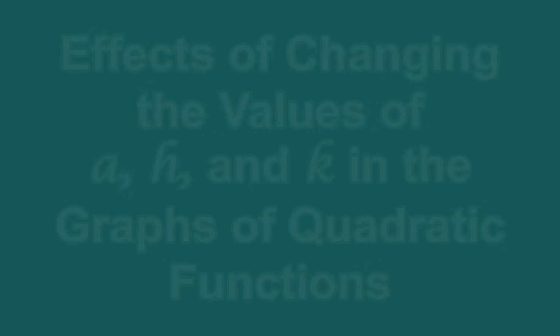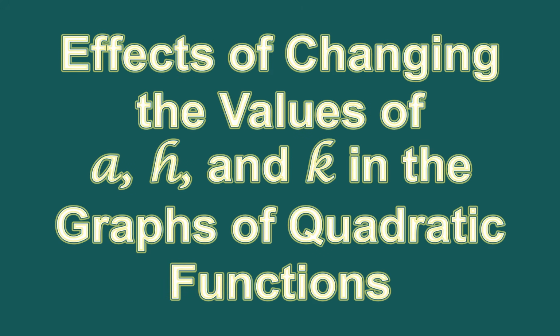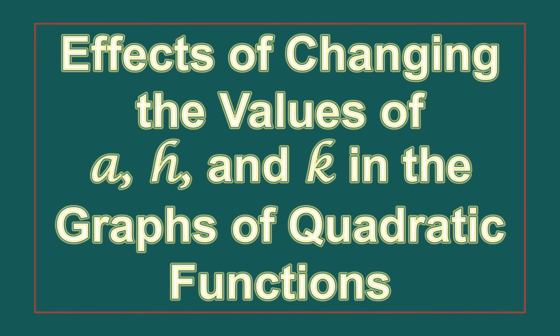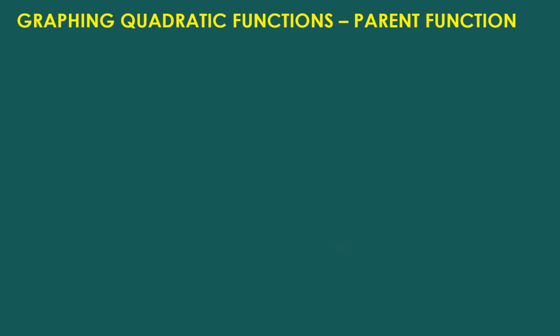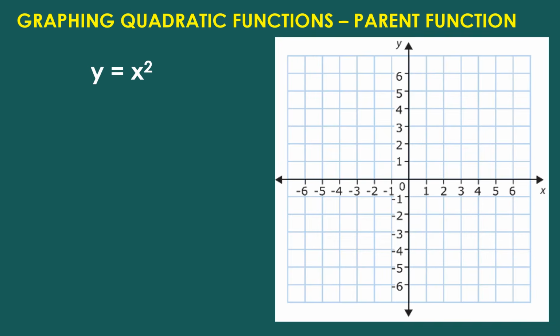For today, we are going to discuss the effects of changing the values of a, h, and k in the graphs of quadratic functions. Let us discuss first the graph of our parent function y equals x squared. This is how the graph of our parent function looks like.